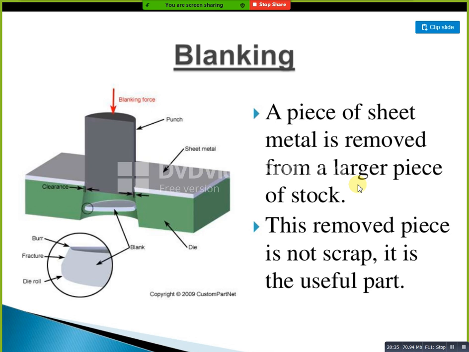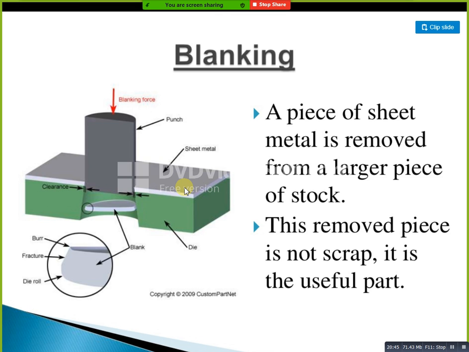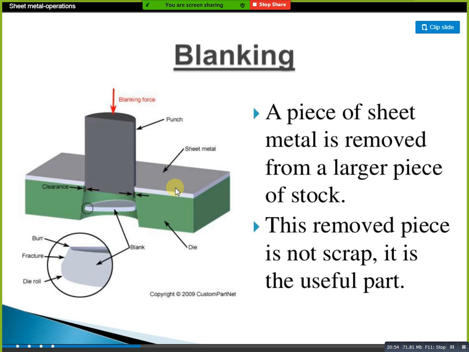In that sheet I need 100 square or round sheet metals. That type of condition, we are using punching. A piece of sheet metal is removed from a larger piece of stock. We have the larger piece, and at the same time we are removing a very small portion. Okay, that we consider as blanking.